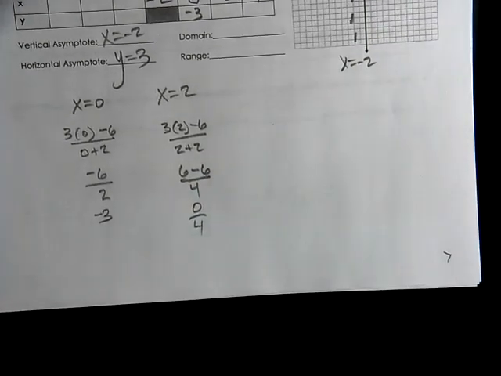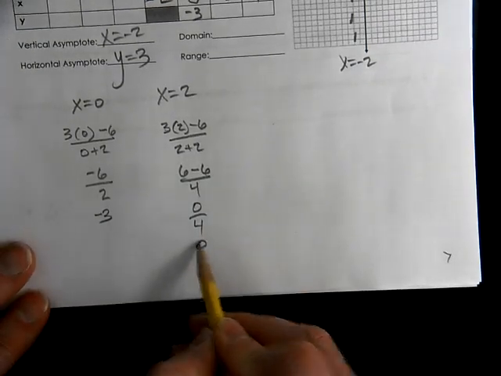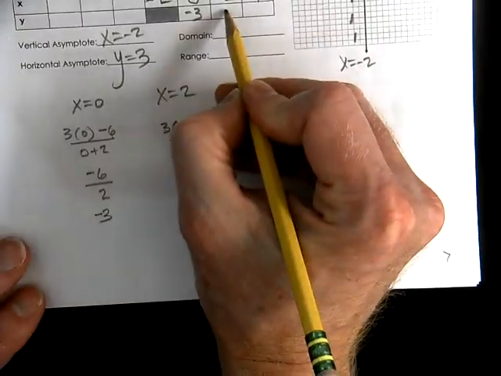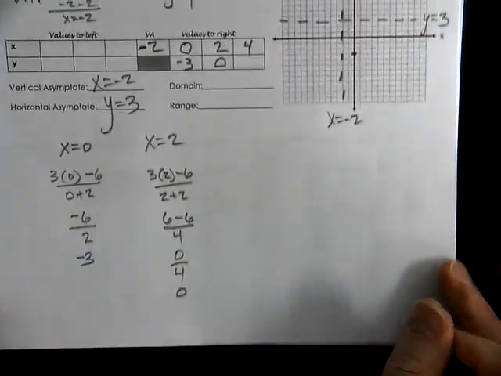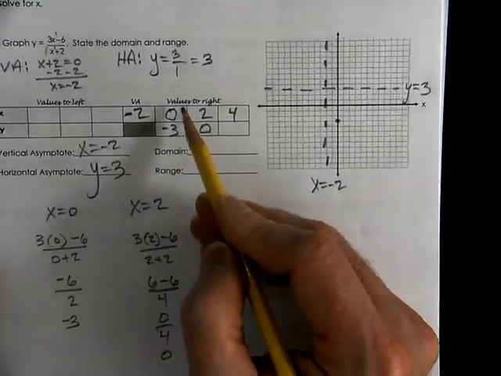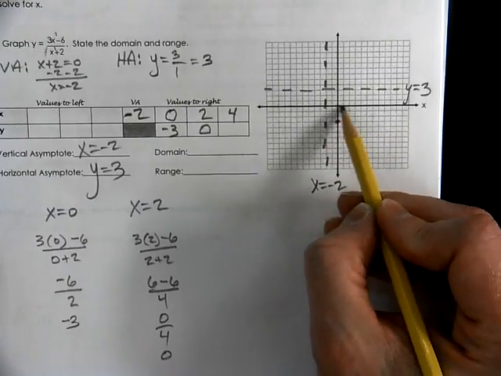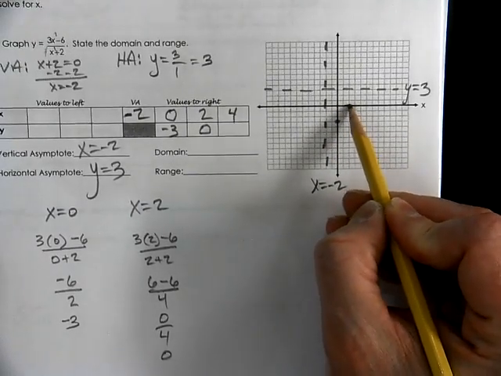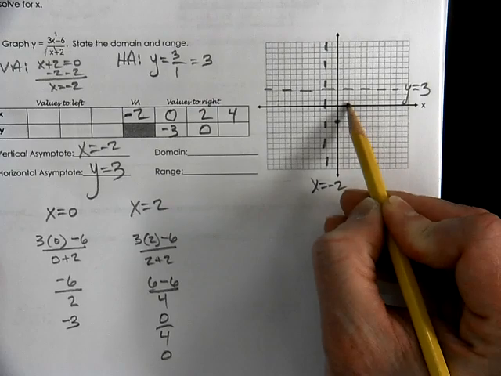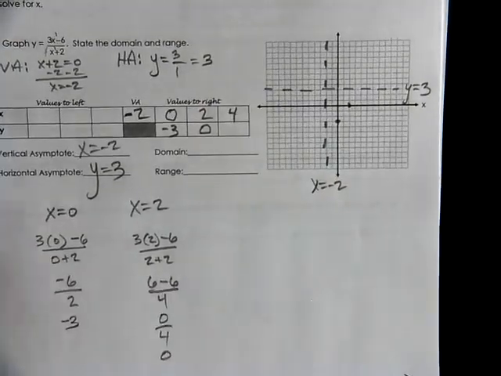What is 0 divided by 4? 0. So when x is 2, we go 2 to the right, we're at 0. That's easy.